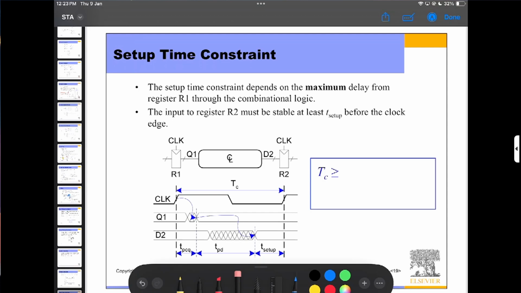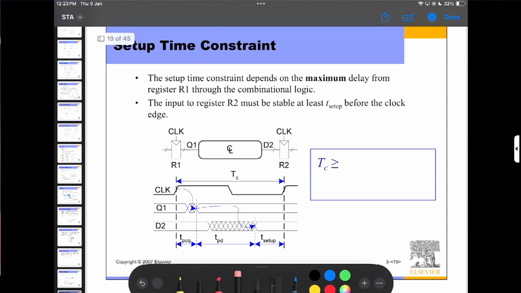The setup time constraint depends on the maximum delay from register R1 through the combinational logic. The input to register R2 must be stable at least T setup before the clock edge.